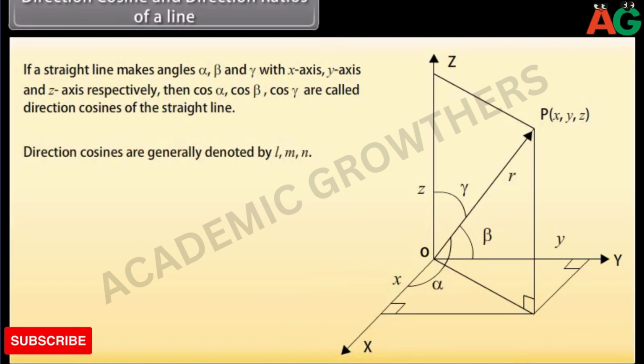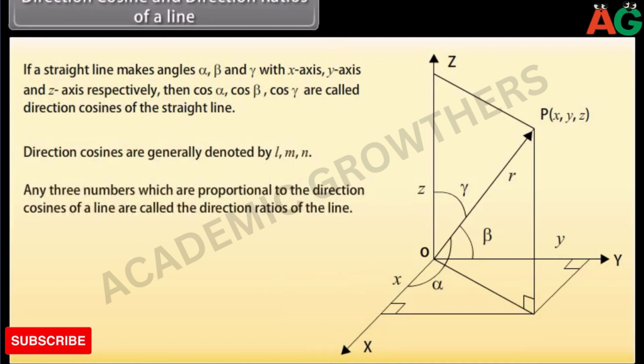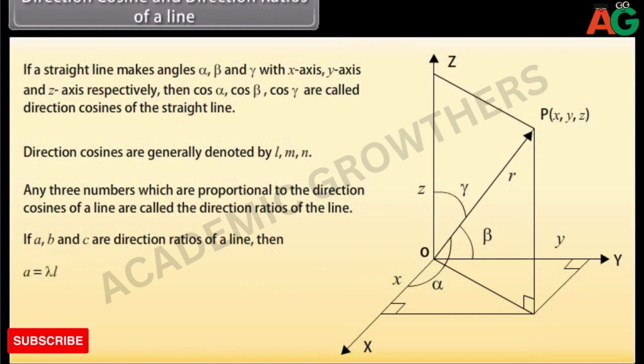Direction cosines are generally denoted by l, m, n. Any three numbers which are proportional to the direction cosines of a line are called the direction ratios of the line. If a, b, and c are direction ratios of a line, then a equals lambda l, b equals lambda m, c equals lambda n.